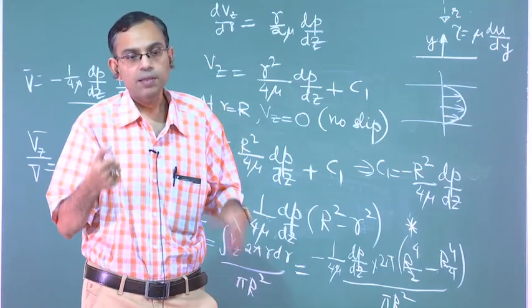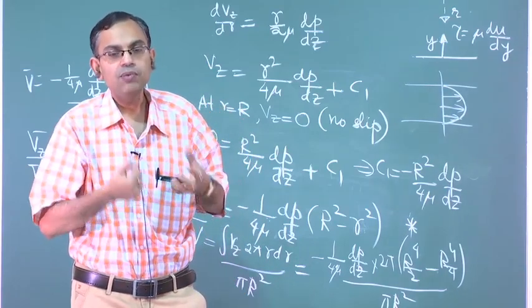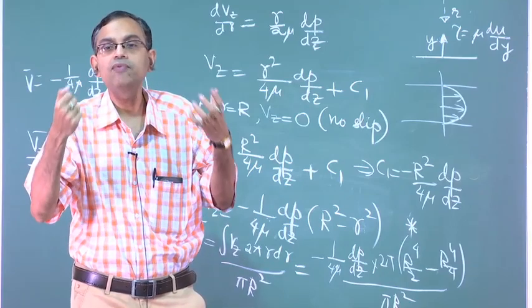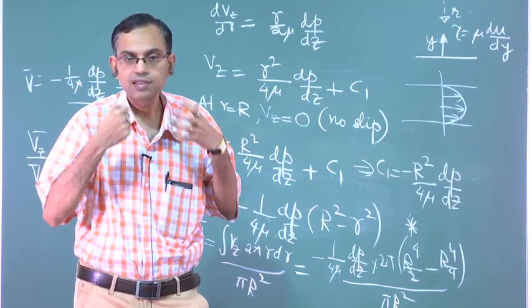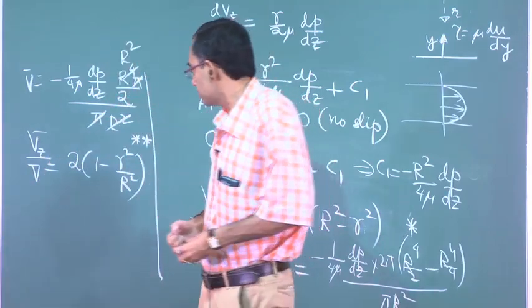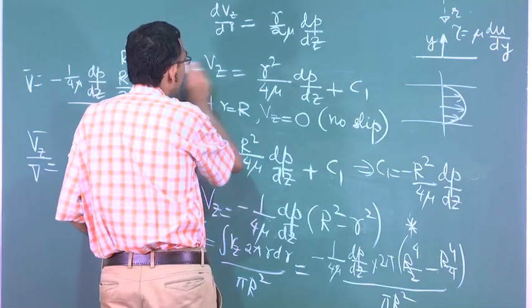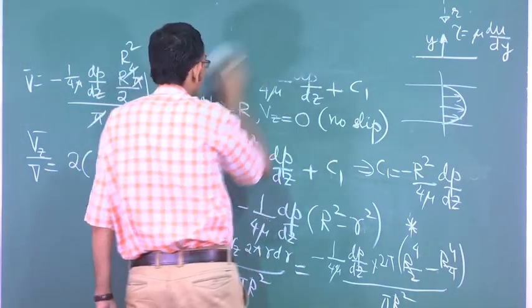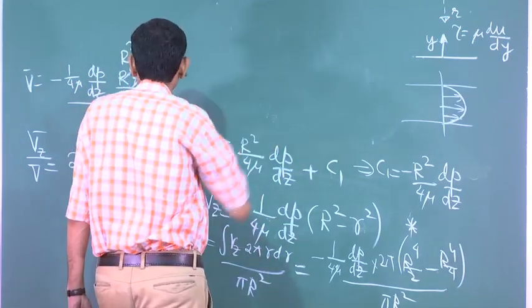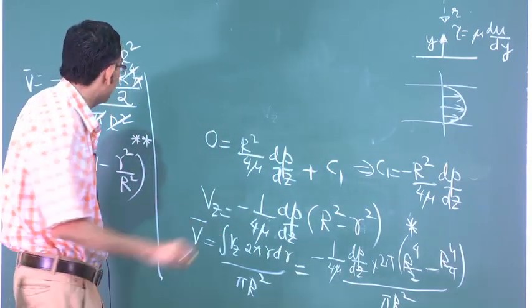So, the primary thing is how much pumping power I will require to achieve a given flow rate, that is the output of my device. So, that in hydraulics is often measured by a quantity. So, we will look into this equation and build it up from here.